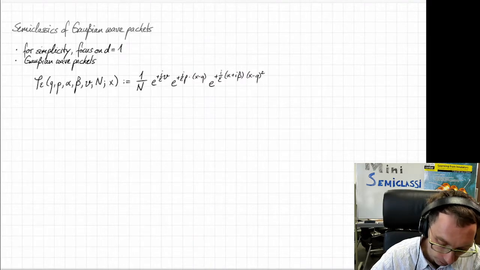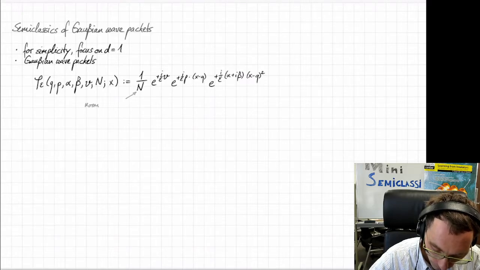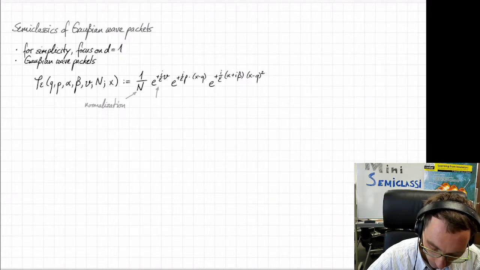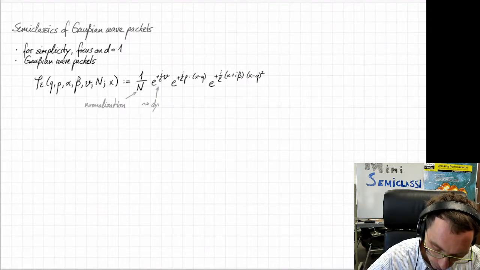So let's just have a closer look. So the normalization prefactor is clear, I think. So this here, this factor is necessary to accommodate the dynamical phase.